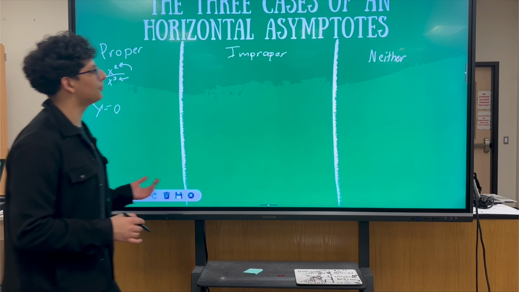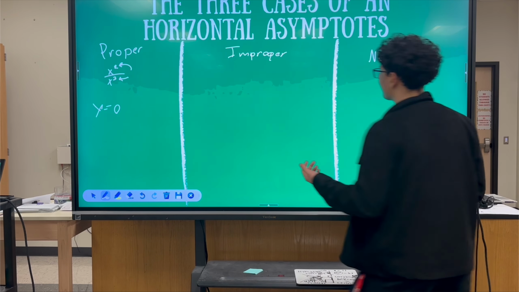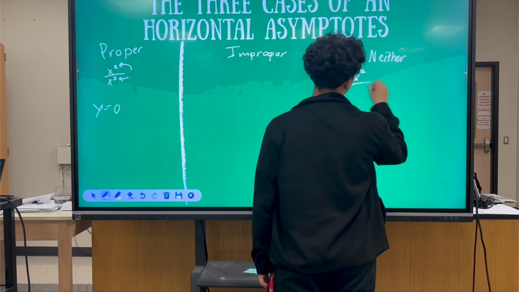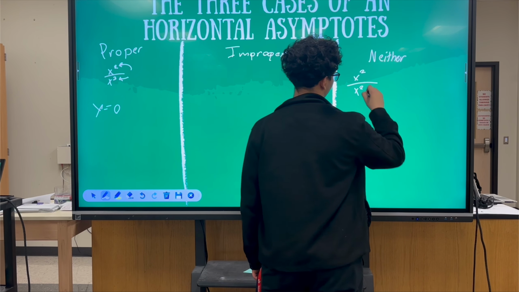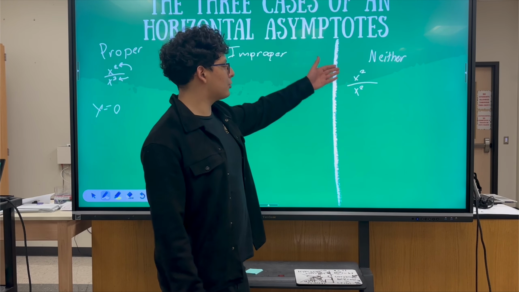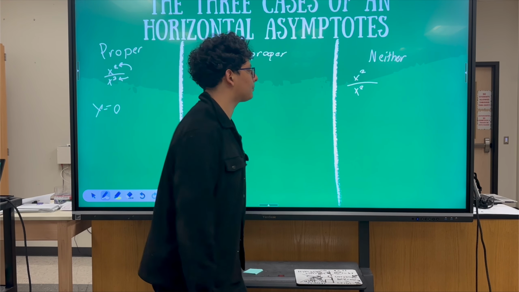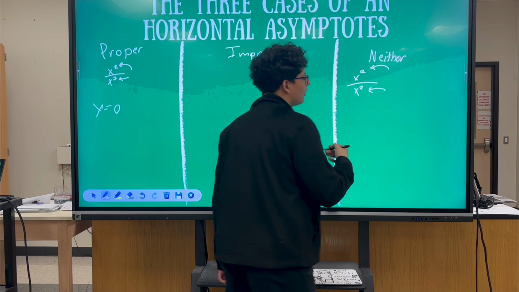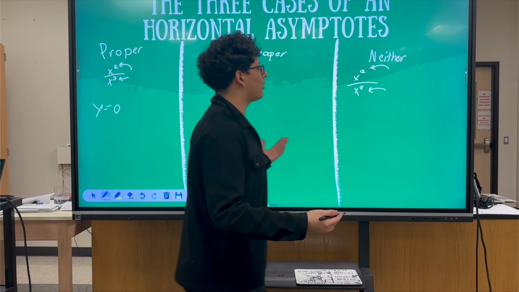So, next up, neither. Neither consists when you have an equal. So when you have x to the power of 2 divided by x to the power of 2, as you can see, these powers are the same. So what you would do is divide the coefficients.